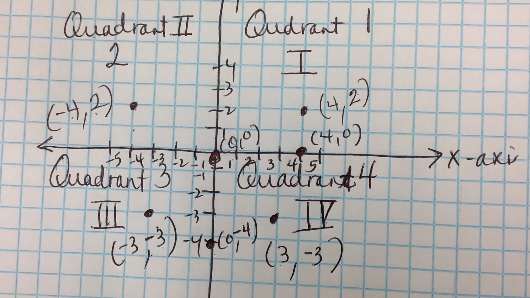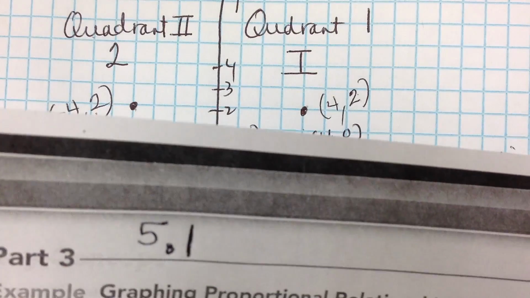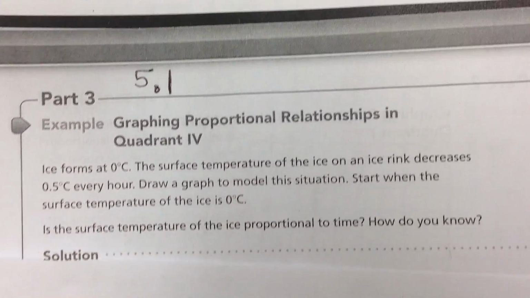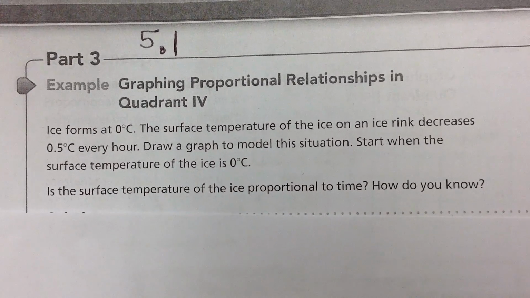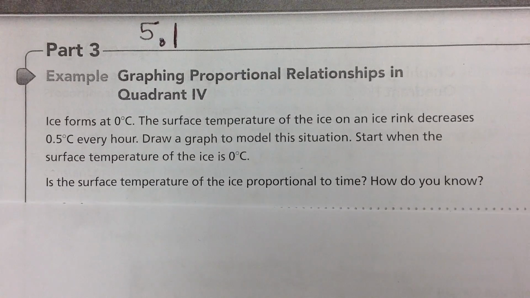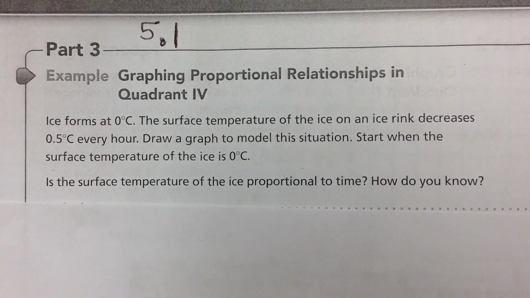So next, I want us to begin looking at this problem here. It's a problem from Part 3, Section 5.1, graphing proportional relationships in Quadrant 4. Ice forms at 0 degrees Celsius.